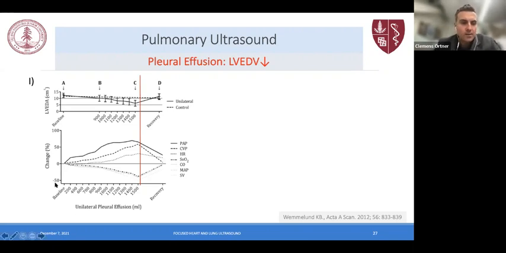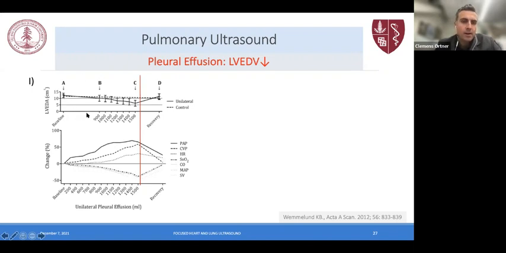And you see on the x-axis, the more the pleural effusion is increasing, the more our static pressures are increasing, like the CVP, the pulmonary artery pressures, and the heart rate, and in parallel, the stroke volume and the cardiac output are decreasing.